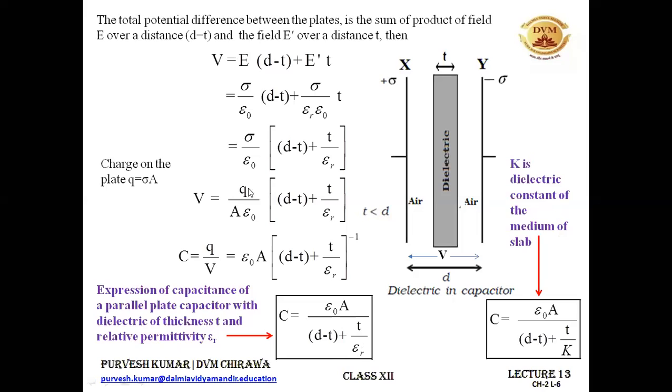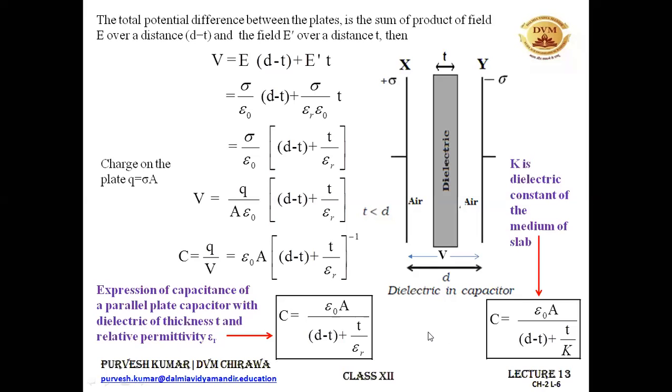So this formula will give you the capacitance of a parallel plate capacitor when a dielectric slab of thickness small t and dielectric constant K, or relative permittivity epsilon r, is inserted between the plates. Now we need to do some more math, and we will also write the definition of K on the basis of capacitors.